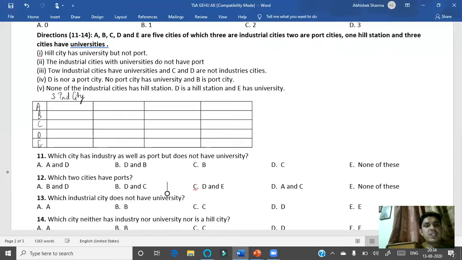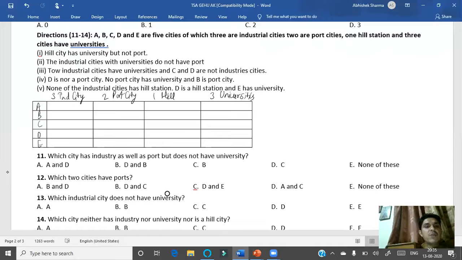Thereafter 2 port cities, so we can write 2 port cities. Thereafter 1 hill station, so we can write 1 hill station. And thereafter 3 cities have universities, so we can write 3 cities have universities.